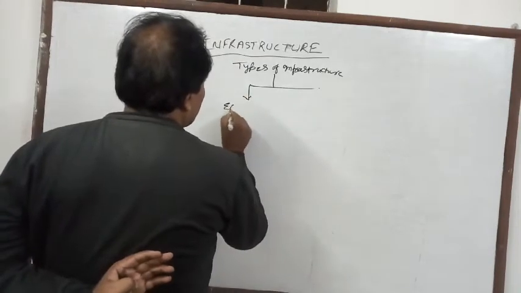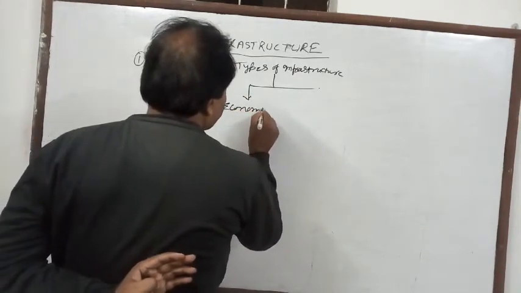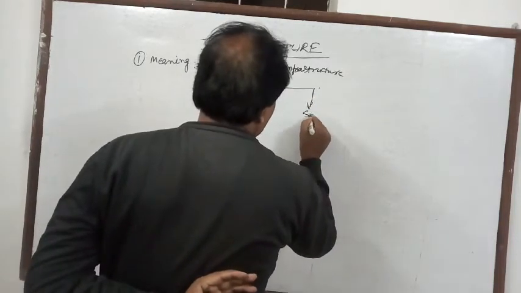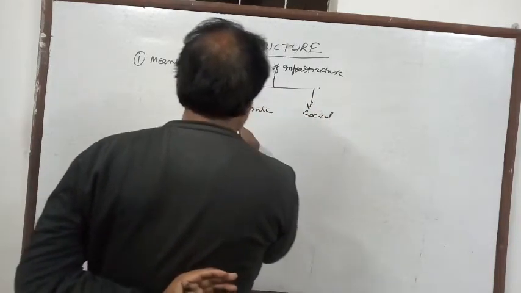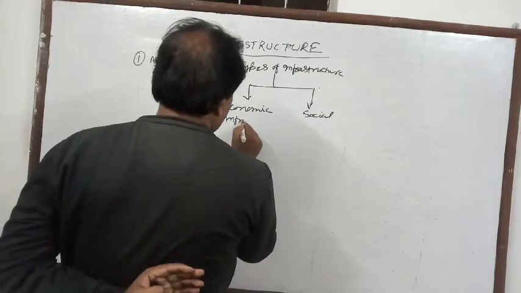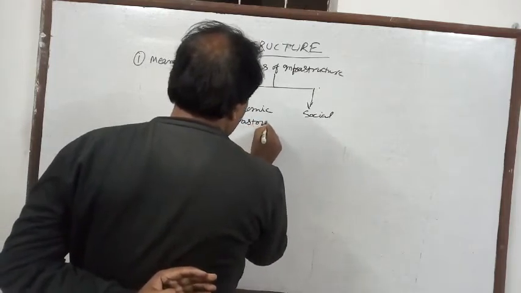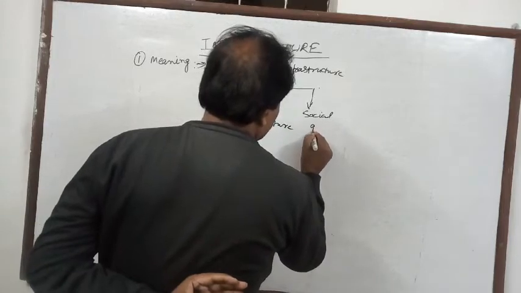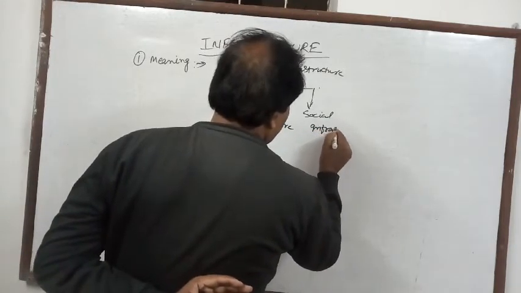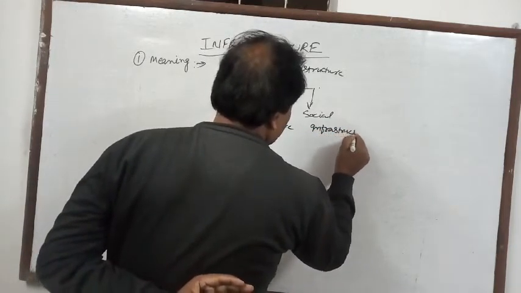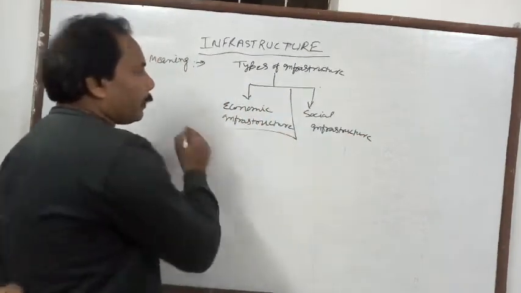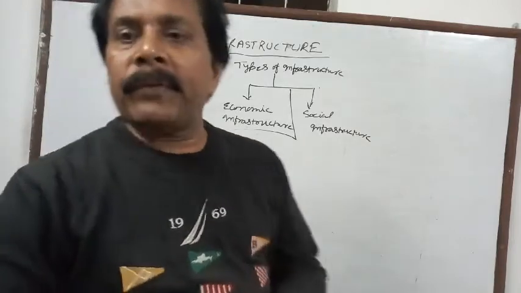One is known as economic and the other is known as social. Okay, so here, the first is economic infrastructure.